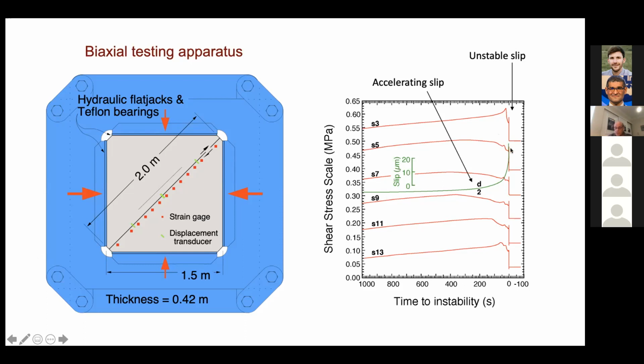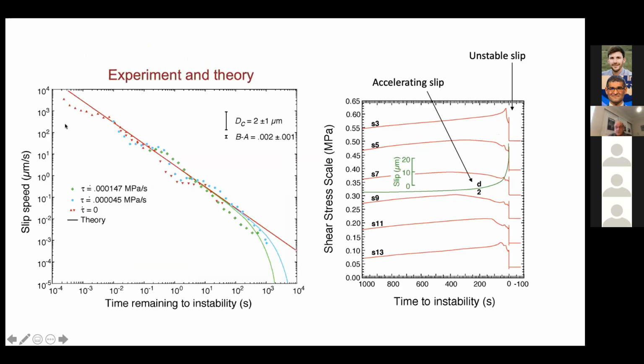And that accelerating slip agrees very well with those solutions for nucleation of slip that I showed previously. The data points are from experiments, and the curves are predicted by those equations that I showed a couple slides back. And the different experiments here, I think the most interesting one perhaps is shown by the red dots.